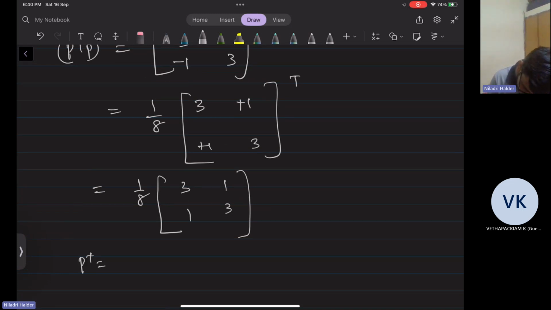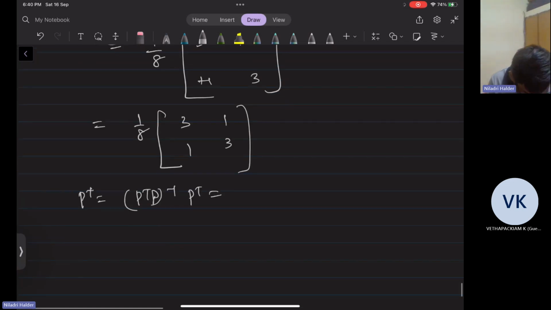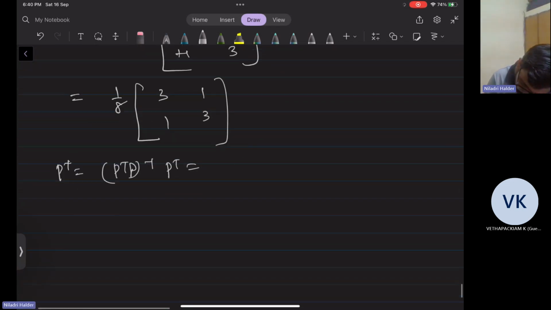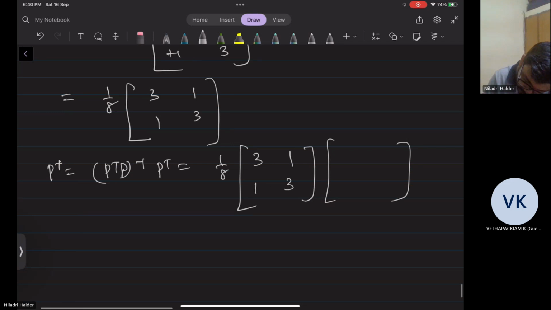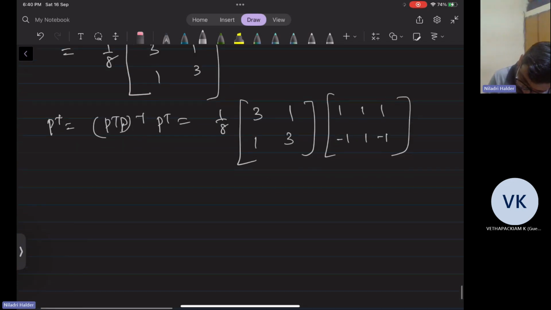Now the pseudo inverse is equal to P transpose P inverse times P transpose, which is 1 by 8 times 3 1, 1 3, multiplied by 1 1 1, minus 1 1 minus 1.